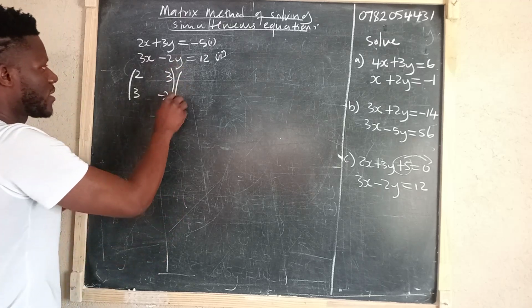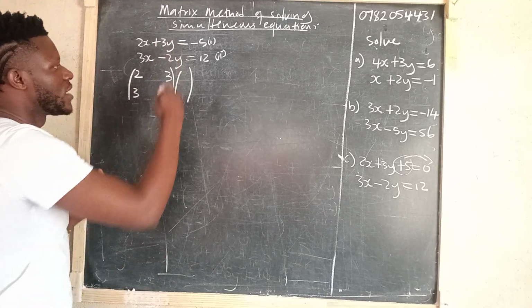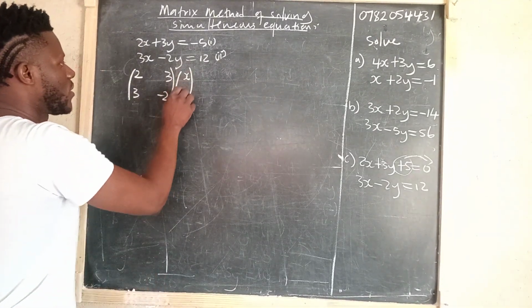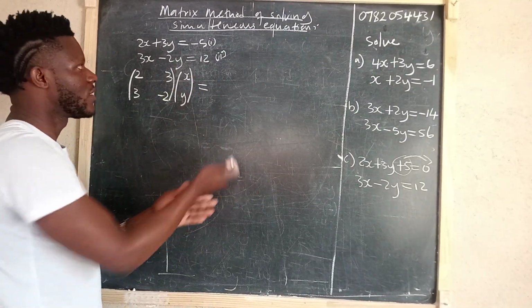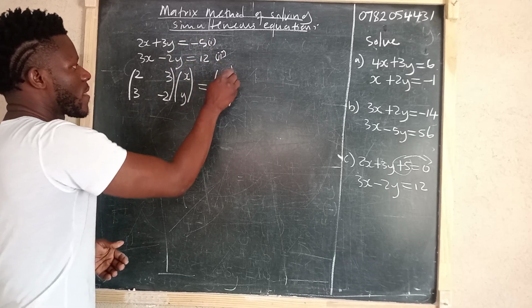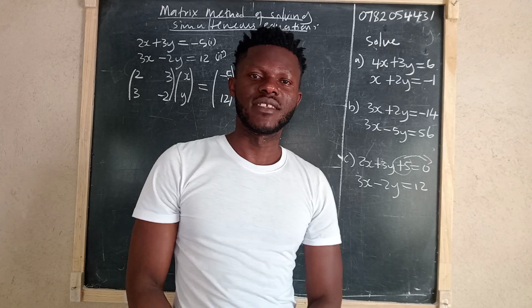Afterwards, you create another 2 by 1 matrix of unknown terms in their alphabetical order. So we start with x followed by y, then equals, and on the other side, you write down the constant values, that is -5 and 12. That's our first step. You create matrices.